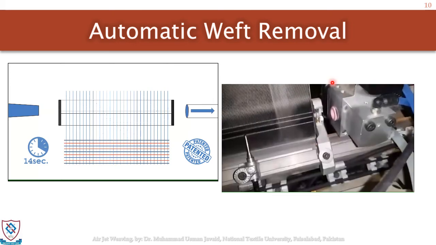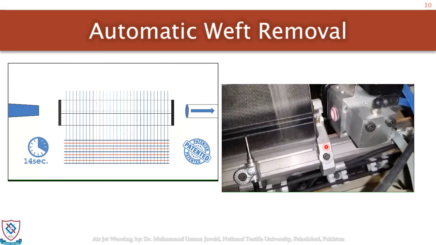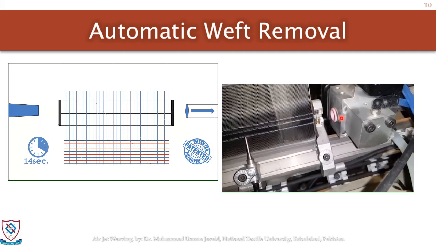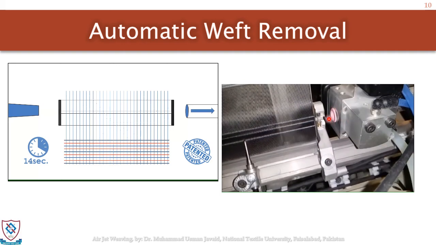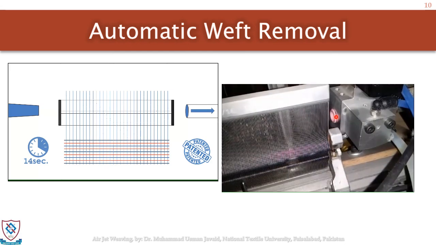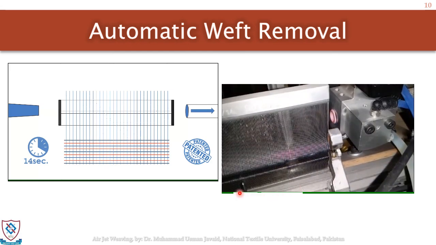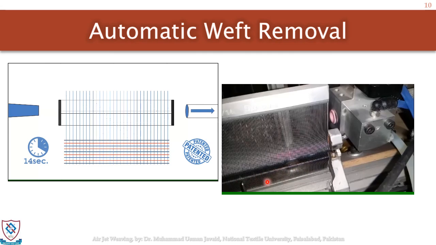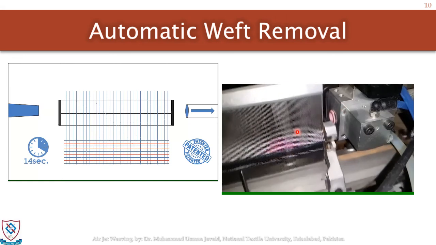Now the machine will position itself so that the reed will be exactly in front of this suction nozzle. When the channel is exactly in front of this, the air pressure system will work to eject this weft out of the shed.